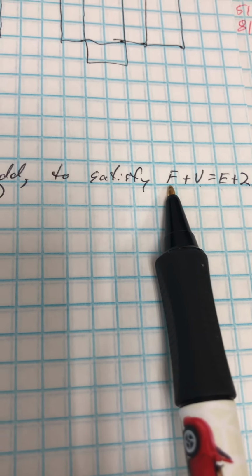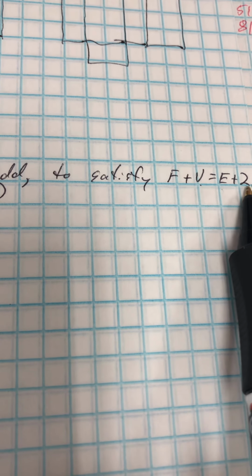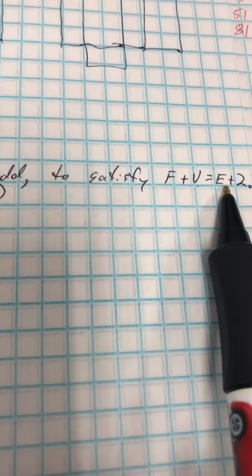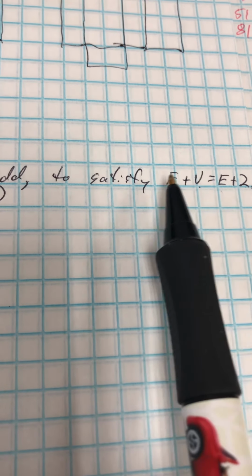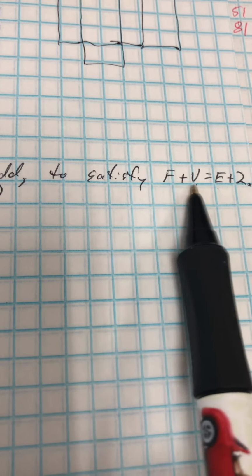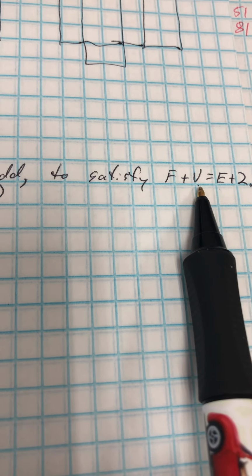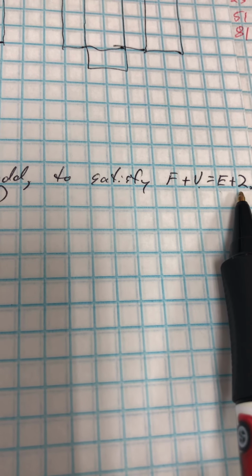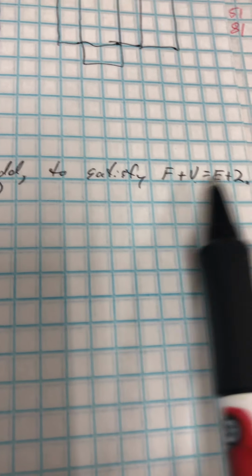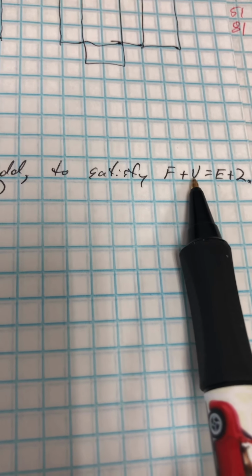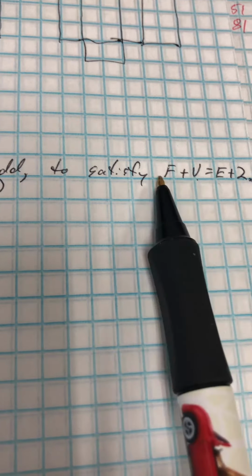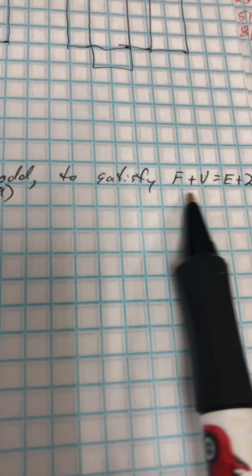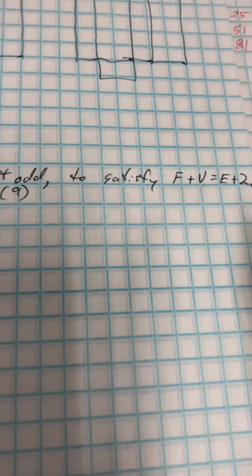Because it would be 9 plus 2 if it had 9 edges. 9 plus 2 is 11, so you don't have 2 whole numbers that you would add up to get 11. So, you can't have half of a vertex, right? Or half of a face, so that wouldn't work out. It'd have to be an even number.